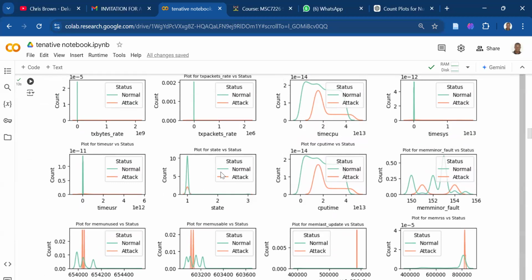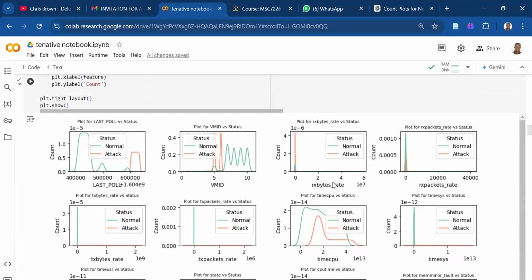If I look here, the KDE plot for TX bytes, the number of bytes transmitted on the network, and the rate at which the packets are being transmitted on the network, these KDE plots are the same. Even this one, they are the same here. They represent almost the same information.